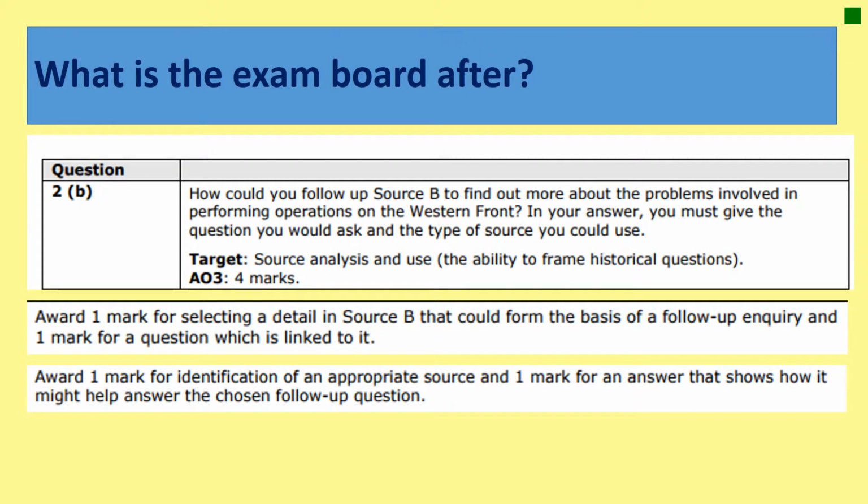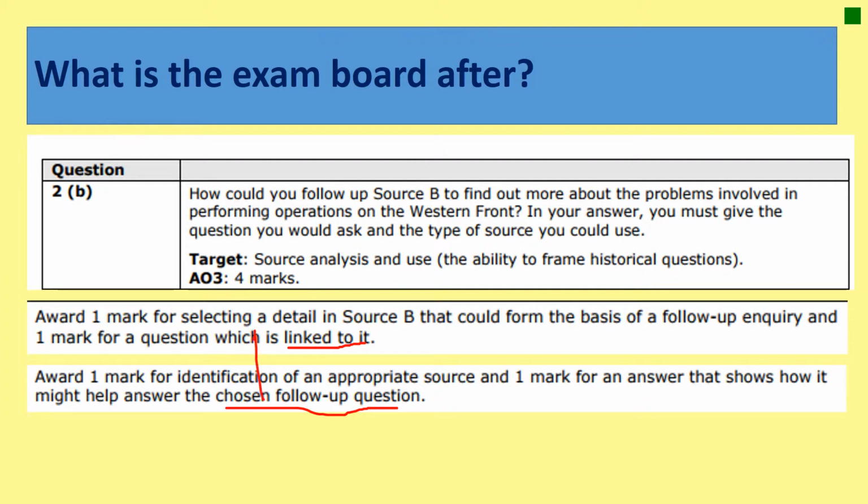So here's the mark scheme from the exam board. Award 1 mark for selecting a detail and 1 mark for a question linked to it. Notice linked. 1 mark for identification of an appropriate source and 1 mark for an answer that shows how it might help the chosen follow-up question.